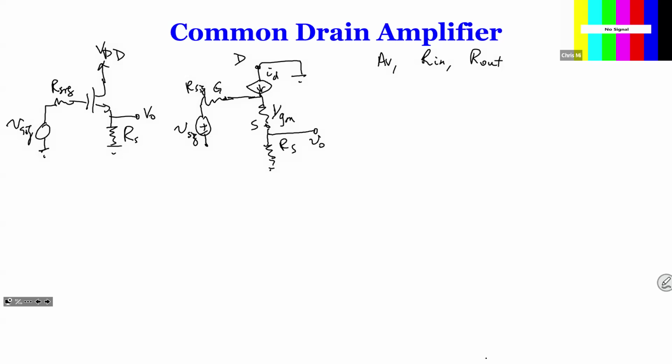So the three things says AV is equal to 1, and this is large, and this is small. So we're going to find these three solutions. So first of all, let's find AV.